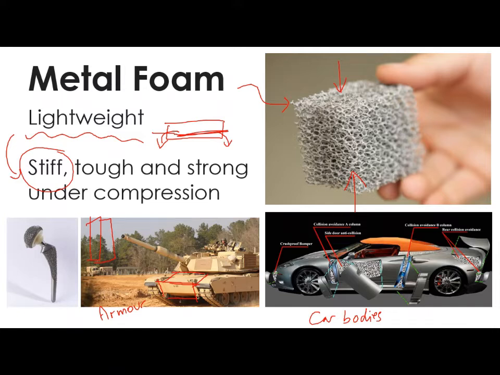Metal foam is being seen as a really good alternative, and also it's been used in things like replacement metal joints. You get the stiffness and the toughness, but also again the advantage of it being very lightweight. So that is metal foam.